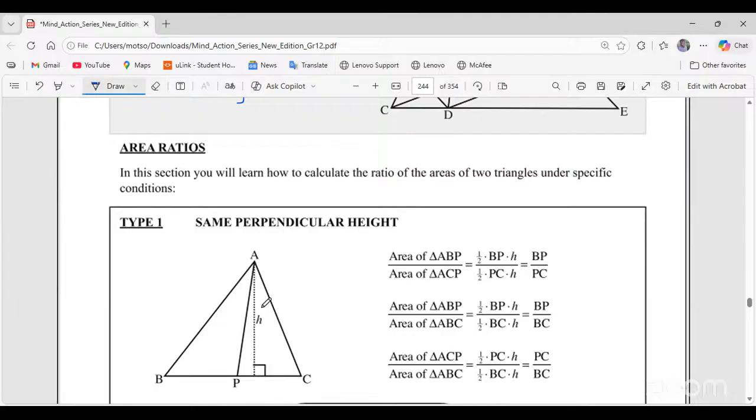So when we pull these triangles out of triangle ABC, let's pull out just triangle APC there. Triangle APC is drawn like this. This is our height H that is perpendicular to base PC. There is our A there.